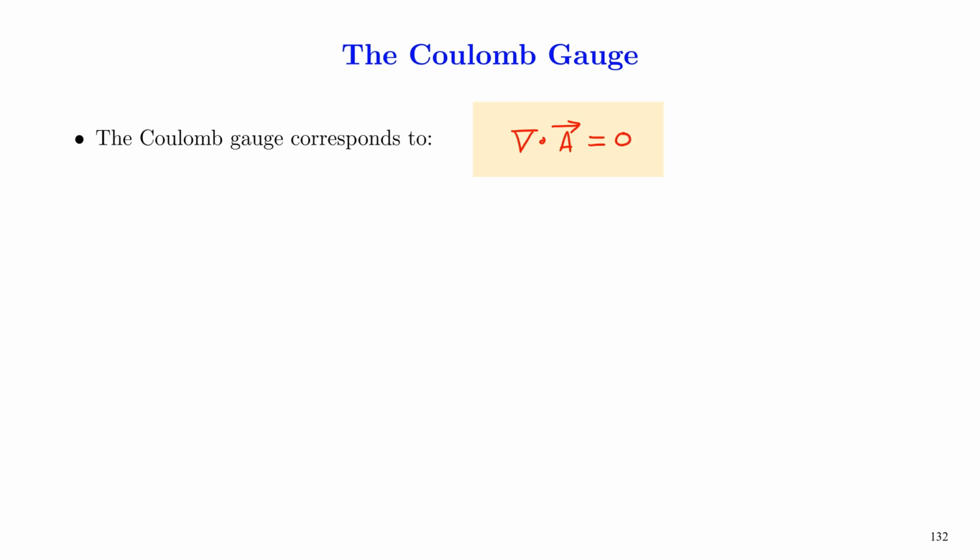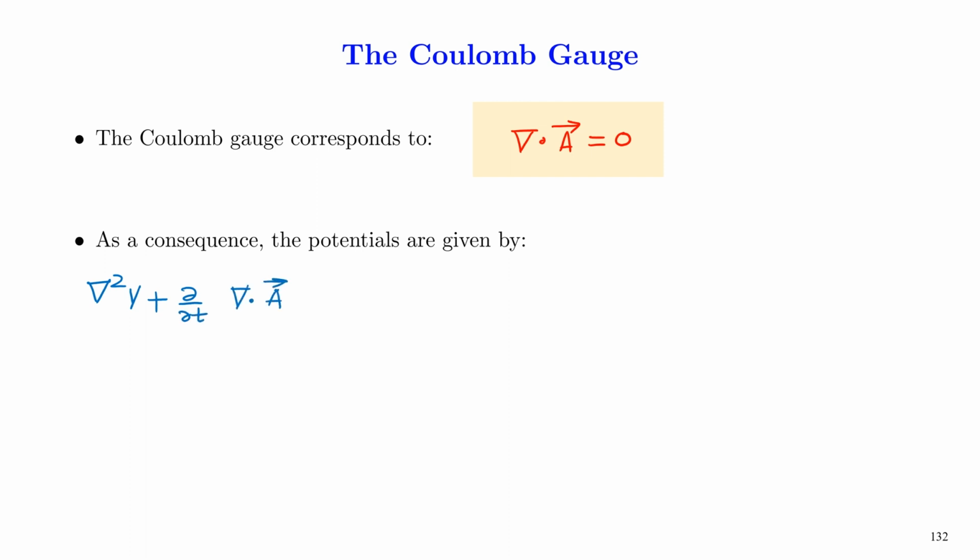When we substitute this in Gauss's law and the Ampere-Maxwell law, which are expressed in terms of the scalar and vector potentials, that is del square V plus ∂/∂t of del dot A equal to negative of 1 over epsilon 0 rho. This is Gauss's law expressed in terms of the scalar and vector potentials.